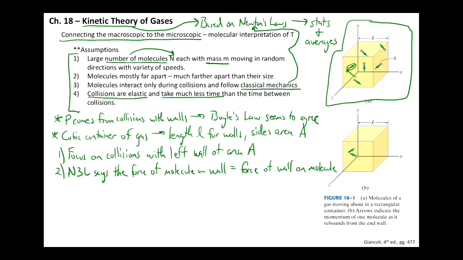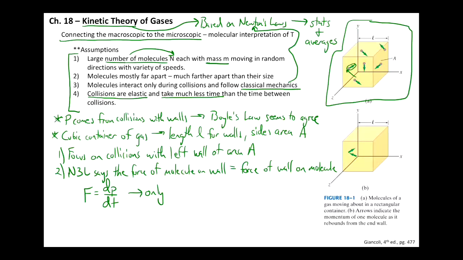All right? So, Newton's third law says the force of the molecule on the wall equals the force of the wall on the molecule. So, we can say that this force is equal to the rate of change of momentum. And if we're looking at the left wall, we're only going to have a change in momentum in one direction. Think about that molecule going up and to the left and then bouncing off and going up and to the right.